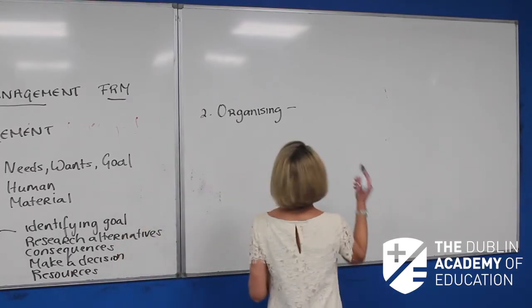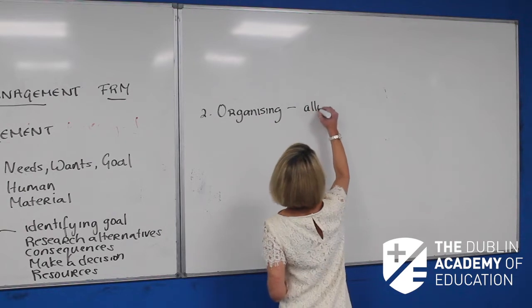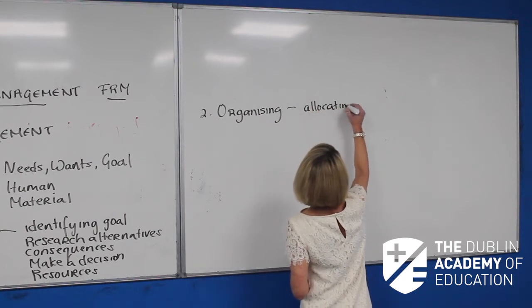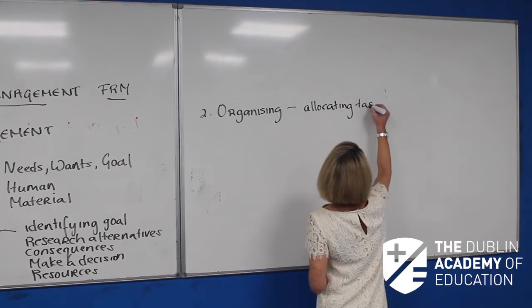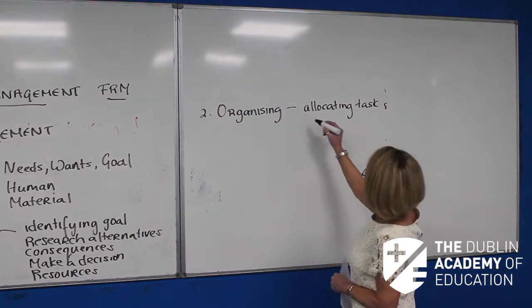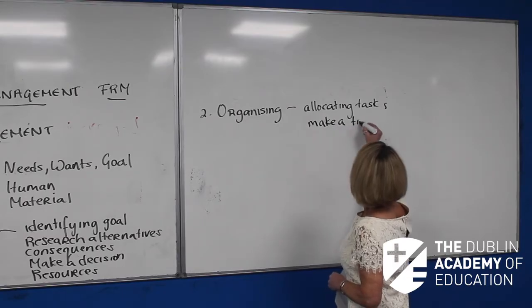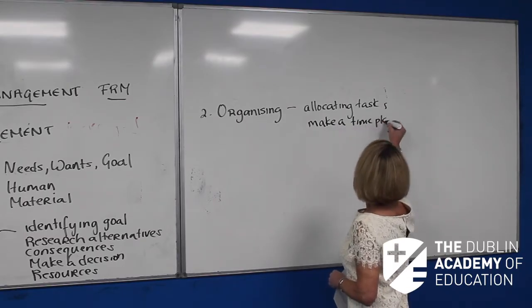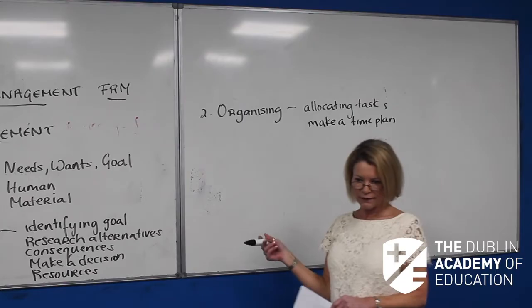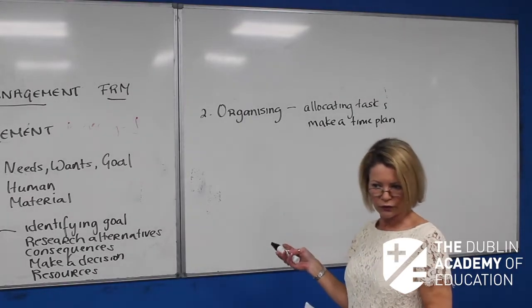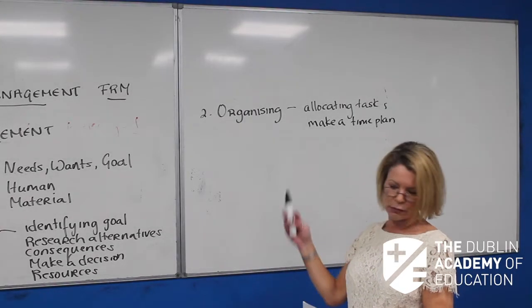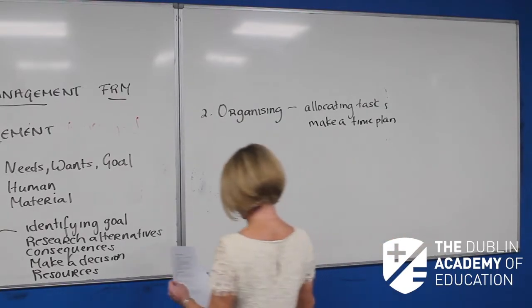That's allocating tasks. And under organising, we make a time plan. The time plan is very similar to what you would have done for your Junior Cert Home Economics practical, where you were required to write out a time plan.